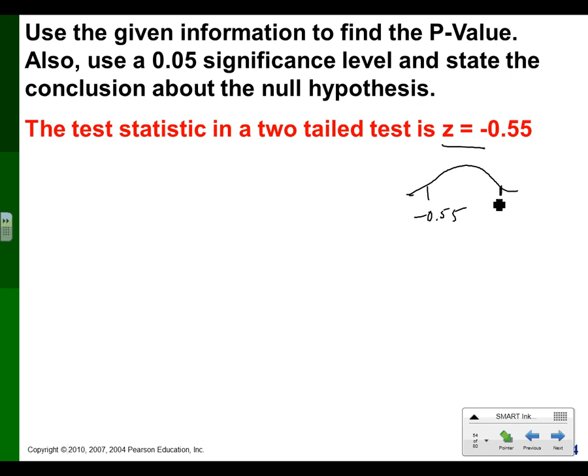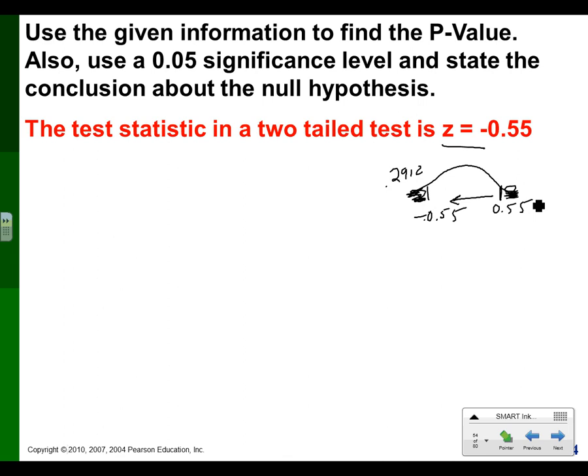Very good, 0.55. Tell me what this area is right here. 0.2912. What's the other one going to be? Close. The other shaded region. Yeah, that means that's from the area this way. I want to know to the right.